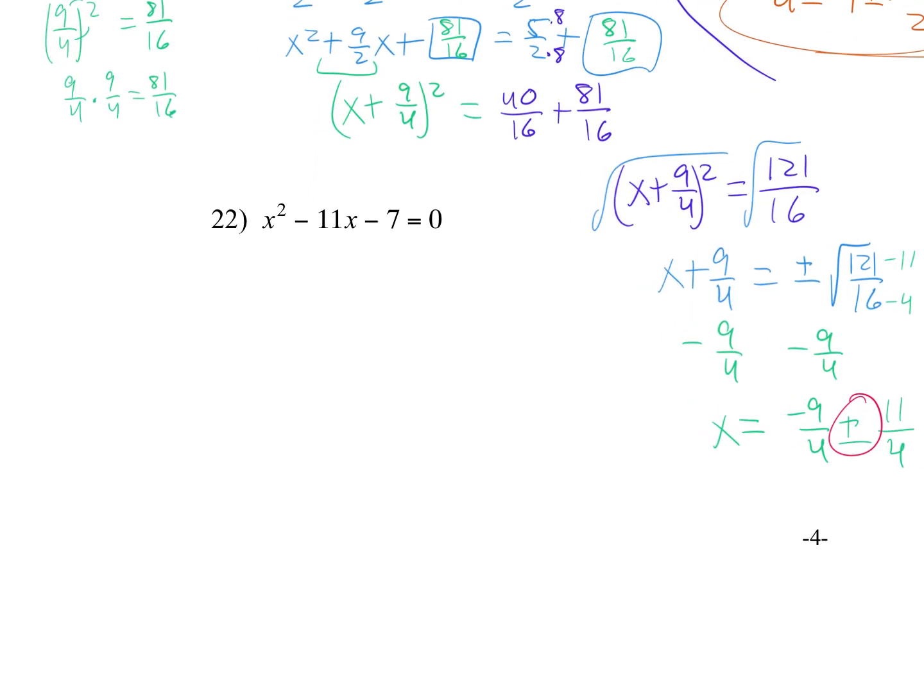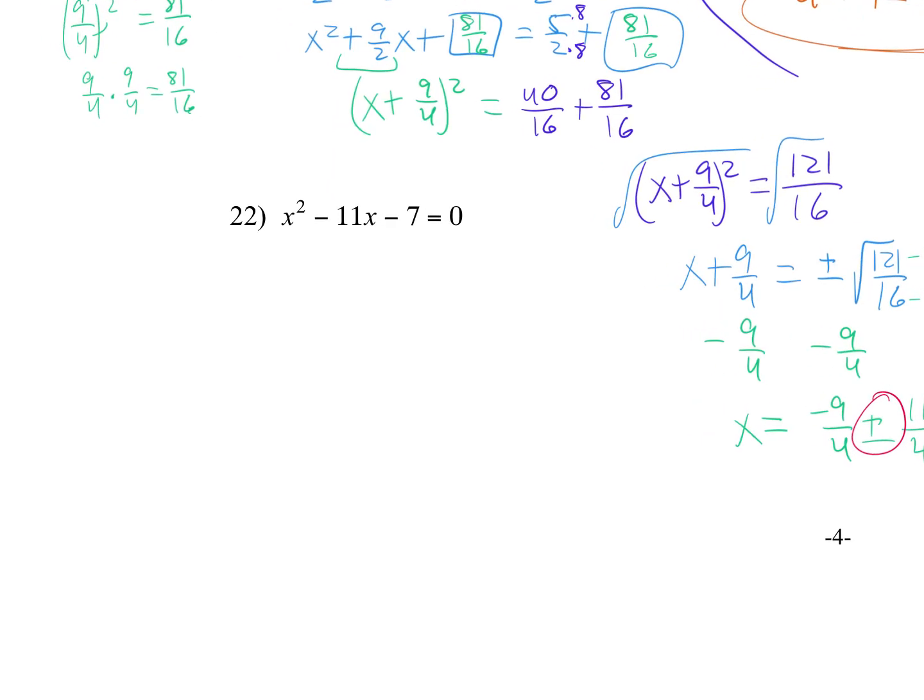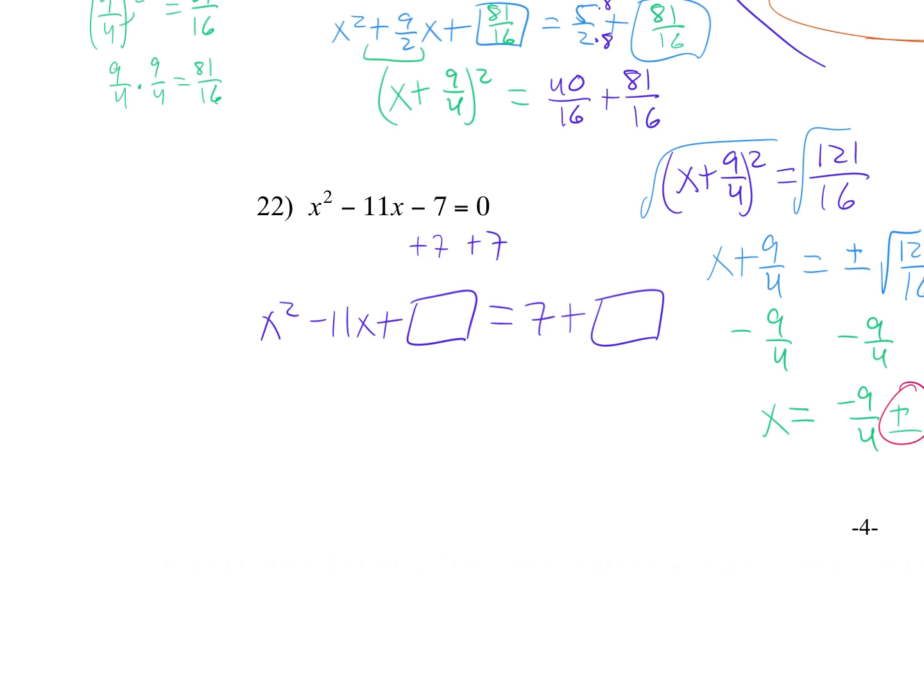All right, and now let's do the last one together. We want to get our variables on one side, move the constants to the other. This is a nice case where we don't have a number in front of the x squared. So we just get x squared minus 11x plus a little box is going to equal 7 plus a little box.